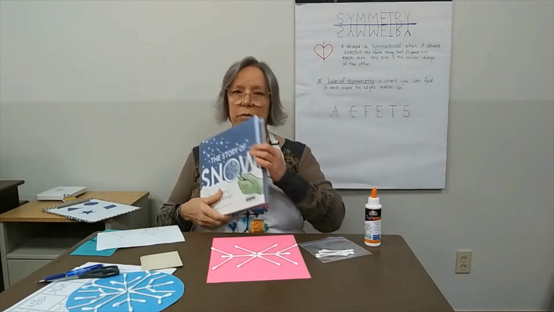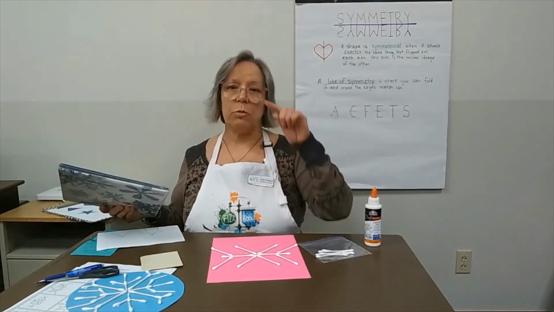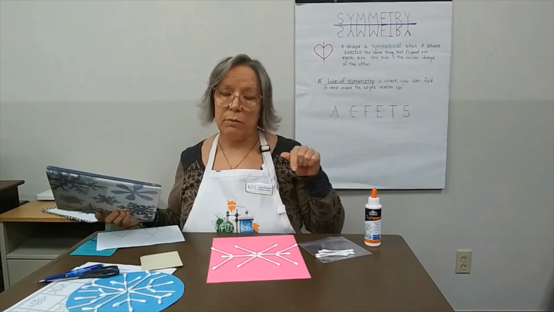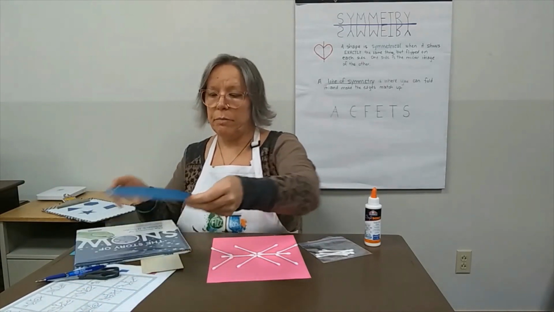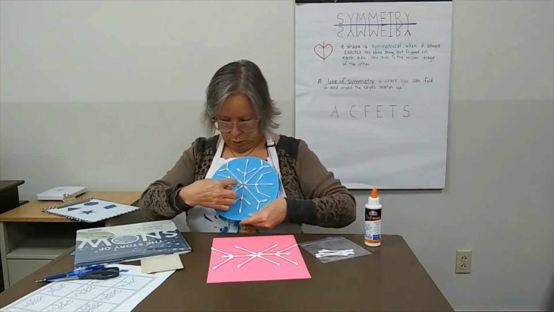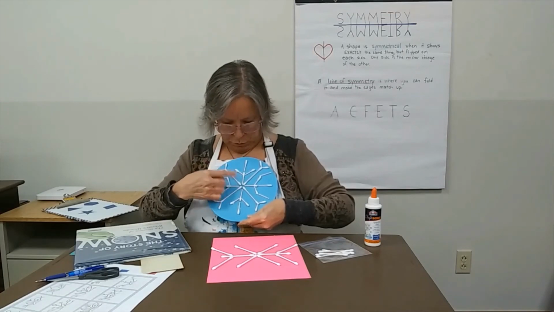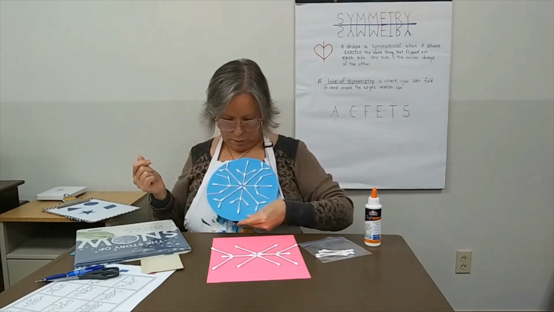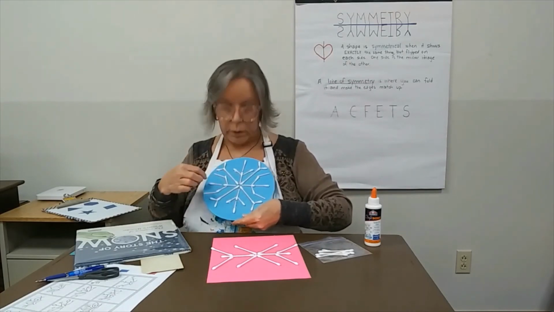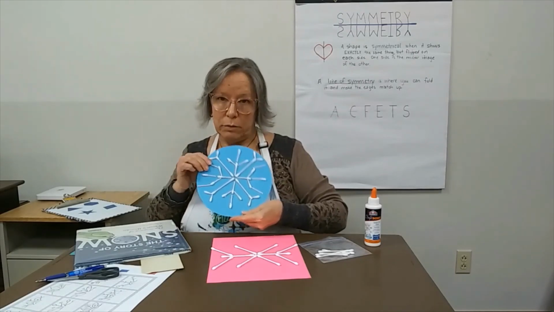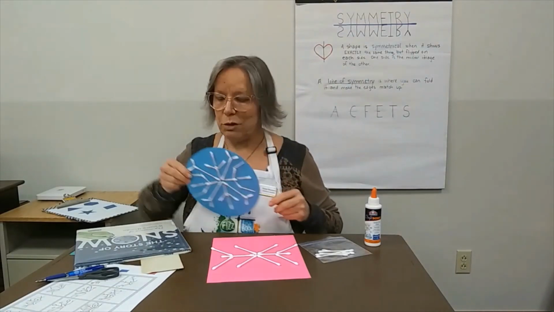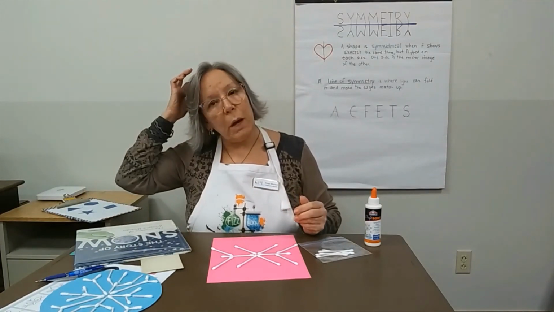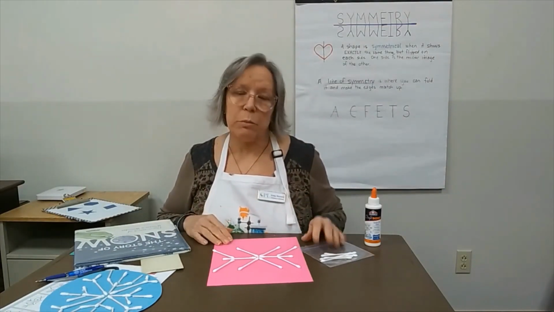They are hexagon shaped, which means they always have six sides. Mine has 1, 2, 3, 4. And if you count the ones that go there, it's 8. And 8 is not the right number. Remember, 6 is the magic number. But you can do your snowflake however you'd like. I just thought I would explain that for symmetry.